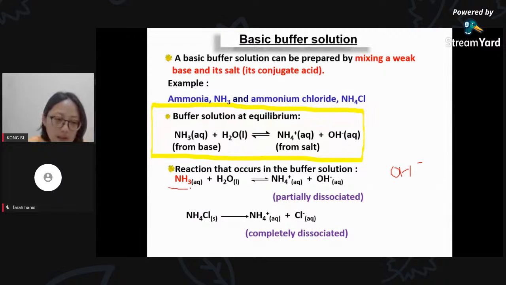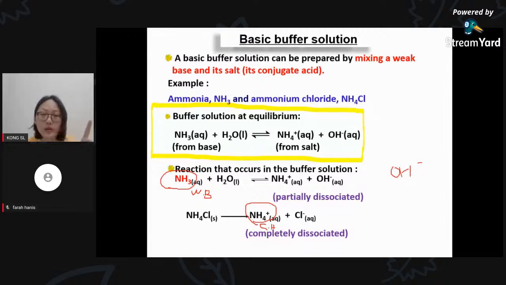This is the weak base, with high concentration because it just partially dissociates. It means there is still a lot of NH3 in the solution, and only a small part will change to the product ammonium. In this case, the conjugate acid has a high concentration of ammonium, because it completely dissociates.